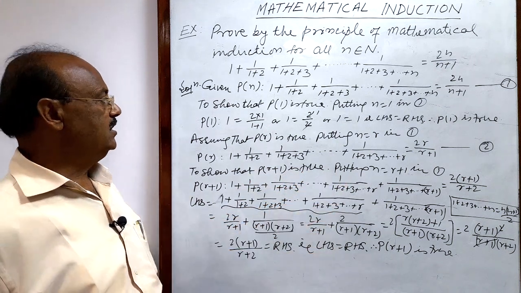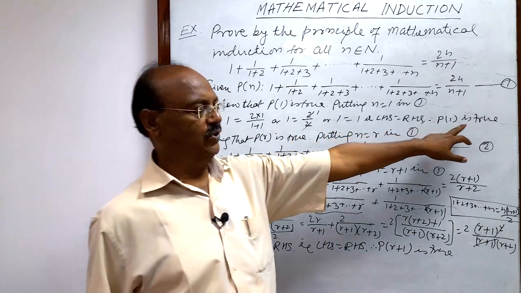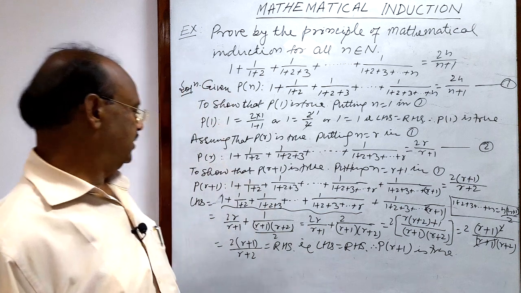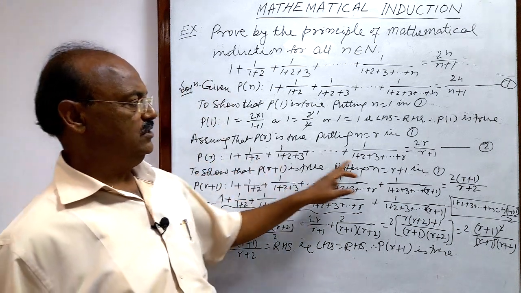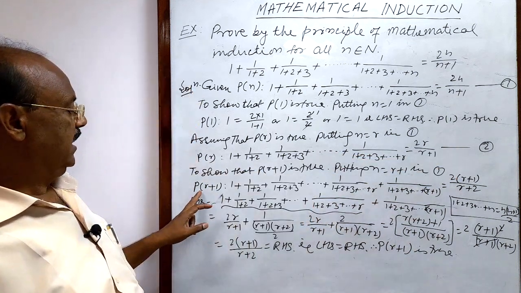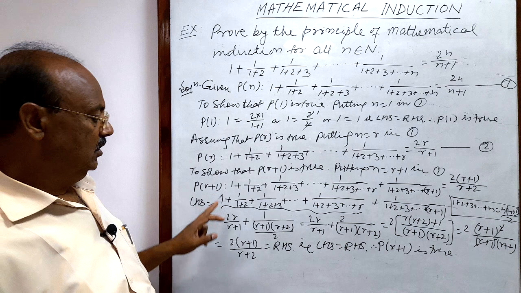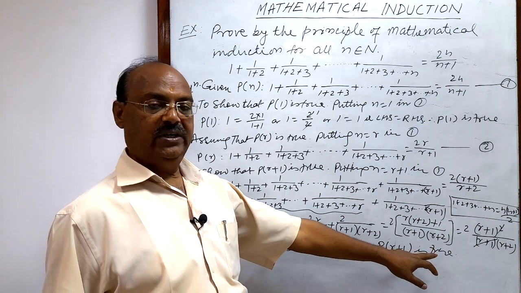As we have discussed, the first step is to show that P1 is true. We have shown here P1 is true. Second step, we assume that P(r) is true; we are assuming this relation. And third step, we show that P(r plus 1) is true, which we have shown here. LHS is equal to RHS, so P(r plus 1) is true.